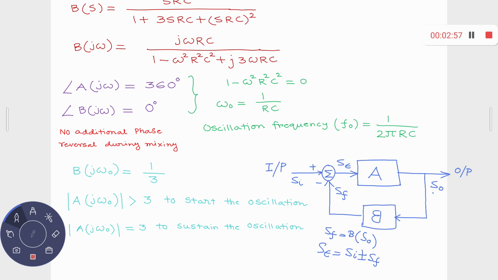Here in the mixing part, these two signals SI and SF can be added in the same phase or in opposite phase. That's why this summation sign. If it is plus plus, it is known as a positive kind of feedback, and if it is plus minus, it's a negative feedback. In the last unit you have studied the negative.